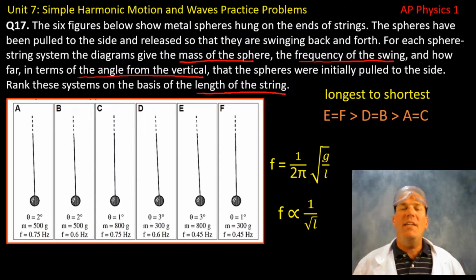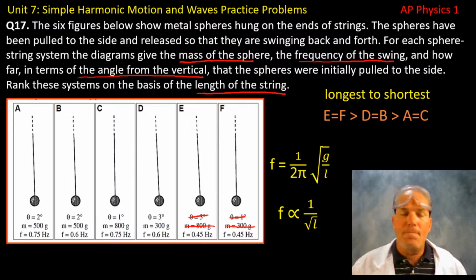Let's look at E is equal to F. E, all right, theta, don't need to worry about mass, doesn't matter. And so now we're looking at frequency. Well, these have the smallest frequency, which means they have the longest length.